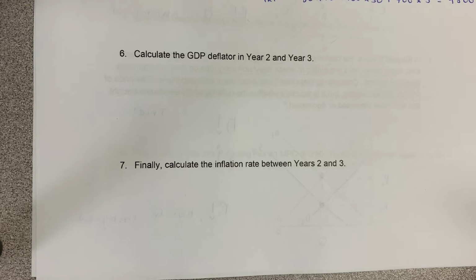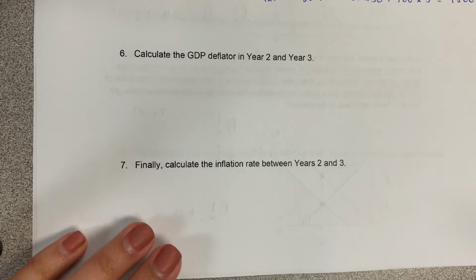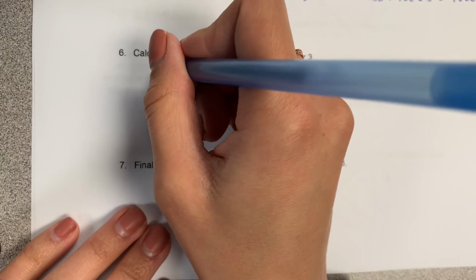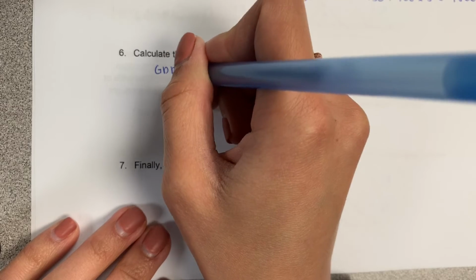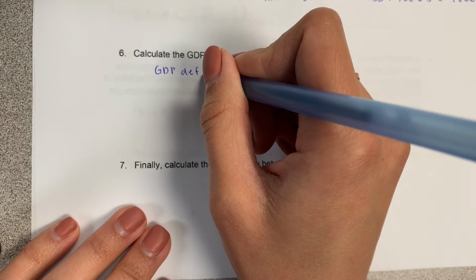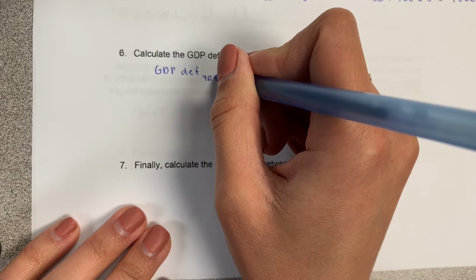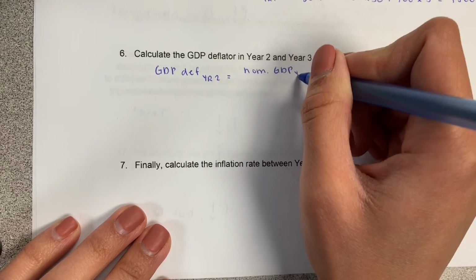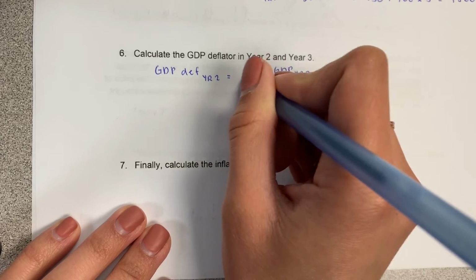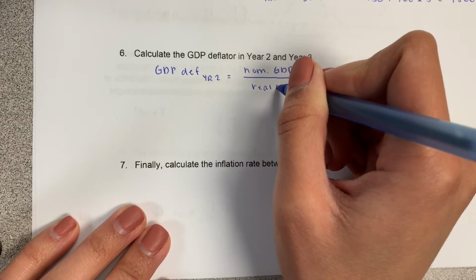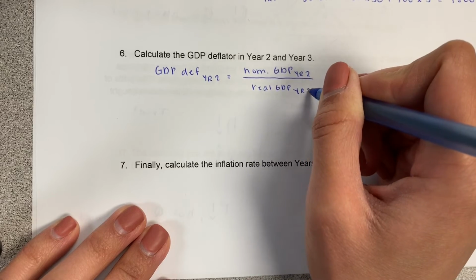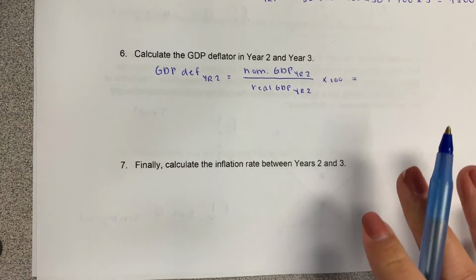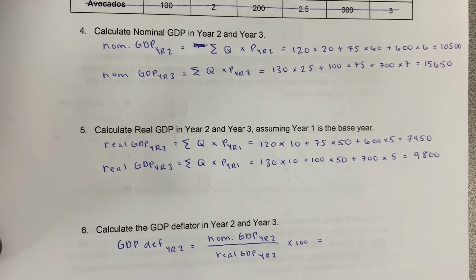So the next question is asking you to calculate the GDP deflator in year 2 and 3. We know the GDP deflator formula is as follows: GDP deflator in year 2 is equal to the nominal GDP in year 2 divided by the real GDP in year 2, multiplied by 100. We can just go back up and look at the numbers we already have.